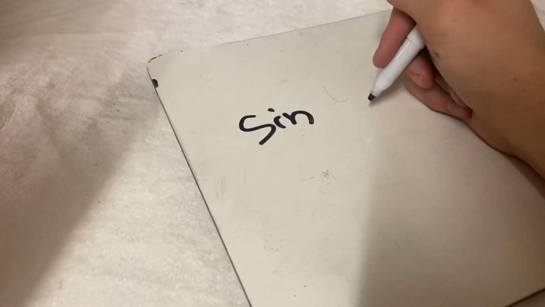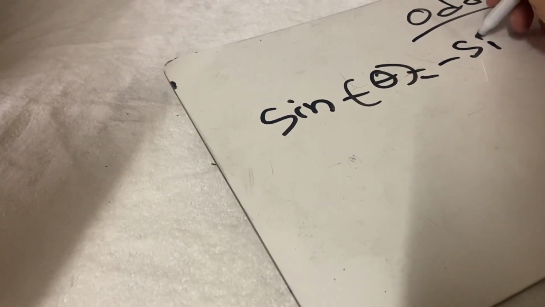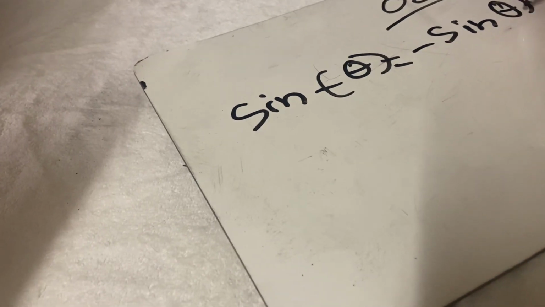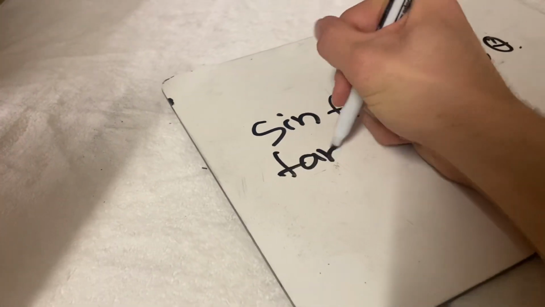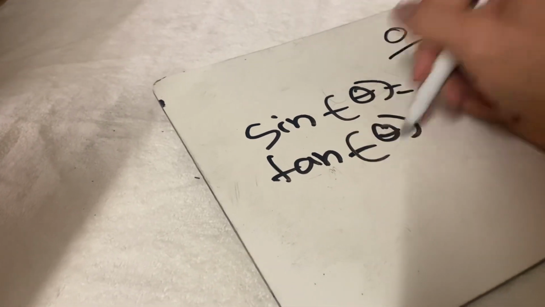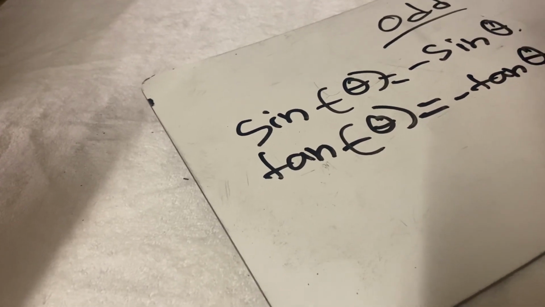Sine of negative theta would just be negative sine of theta. Tangent of negative theta would be negative tangent of theta.